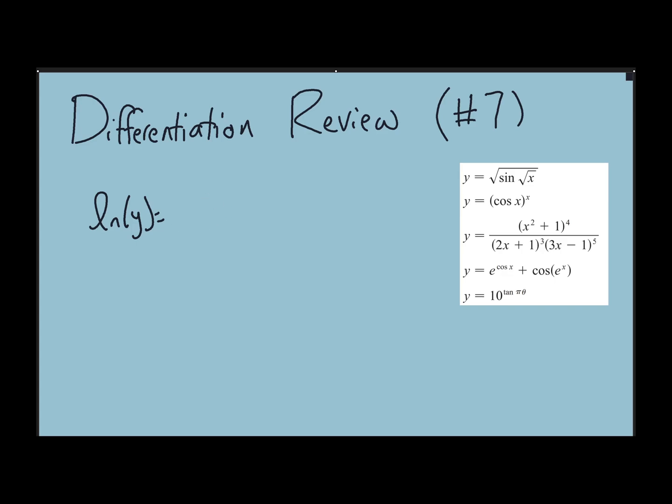In fact, let's back up even more. I can write it as 4 ln x squared plus 1 minus 3 ln 2x plus 1 minus 5 ln 3x minus 1.